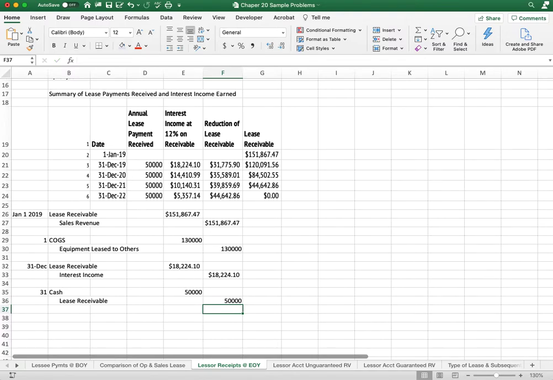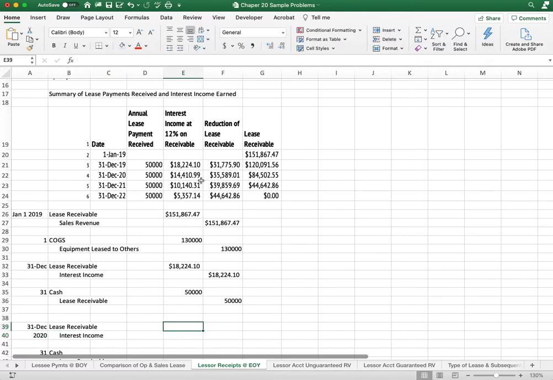Okay, then we can move on to the year 2020. And in this year, we don't have to do this January 1st entry. We're really just dealing with December 31st. So I'll copy these down. I'm going to put here December 31st, 2020. Okay, I'm just going to type it here.